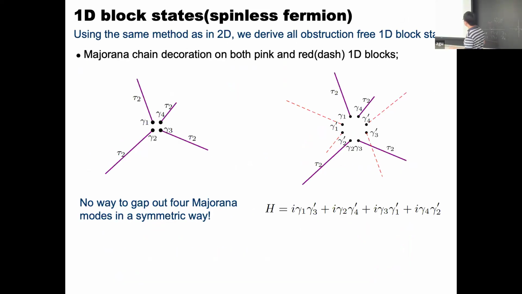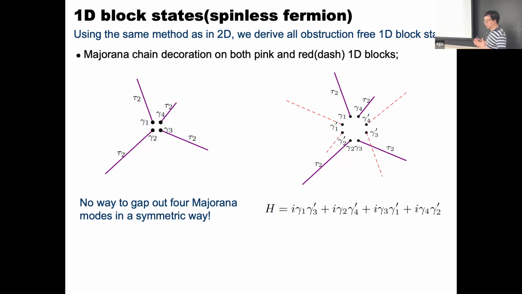Similar to the previous case, we can easily argue that if we decorate 4, the Luttinger chain is not allowed, because there's no way to consider any kind of symmetric terms. But if we have 8, we can easily consider certain mass terms that are symmetric.